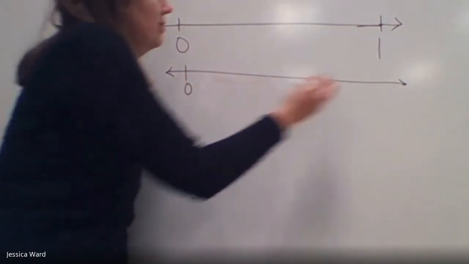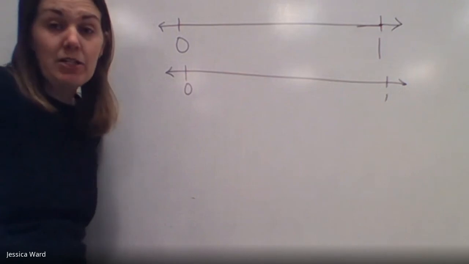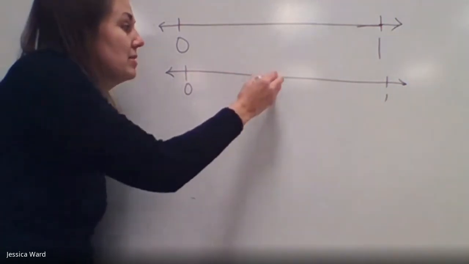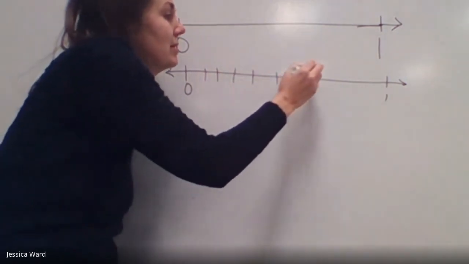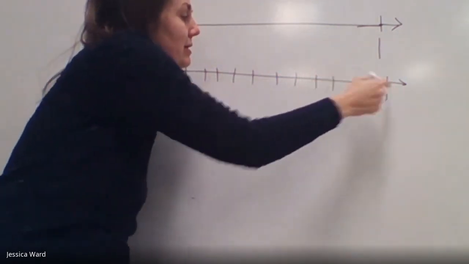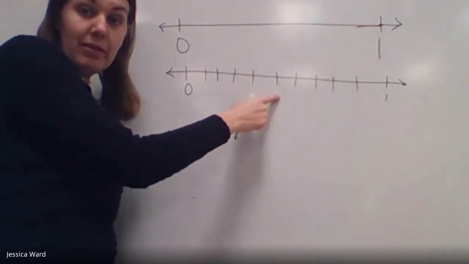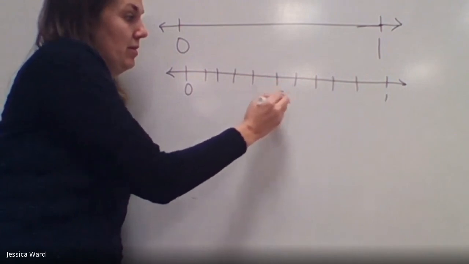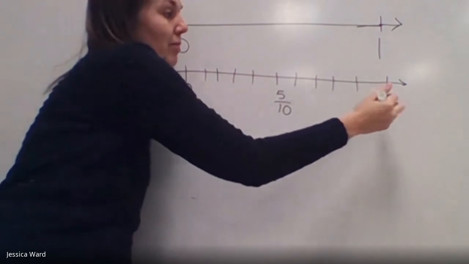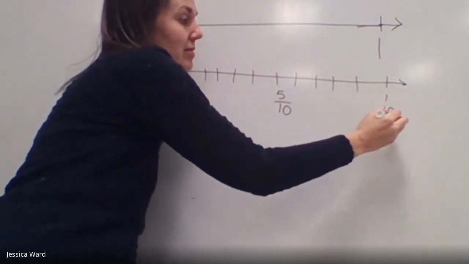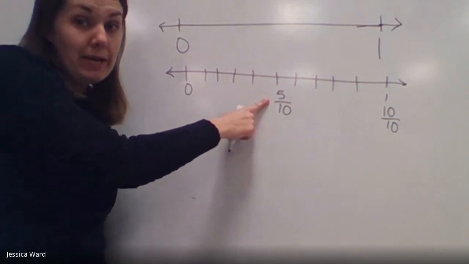Now we have another number line. It also goes from 0 to 1. But in this one, we've divided it into 10 equal parts, right? So I have 1, 2, 3, 4, 5, 6, 7, 8, 9, 10. So that would be like saying I have 5/10, right? So remember back to fractions. Here I would have 10/10. 5/10 would be halfway.